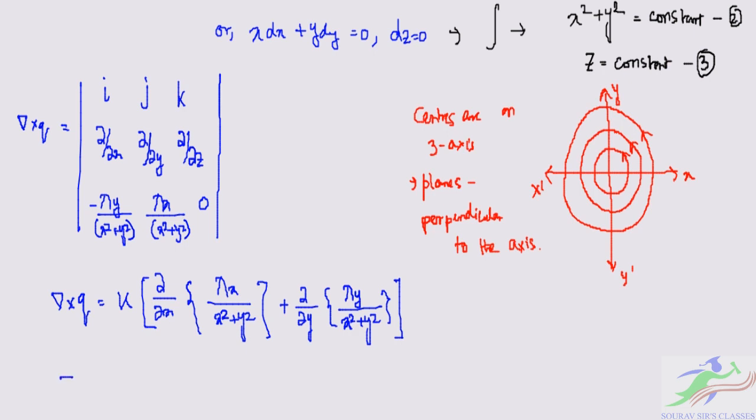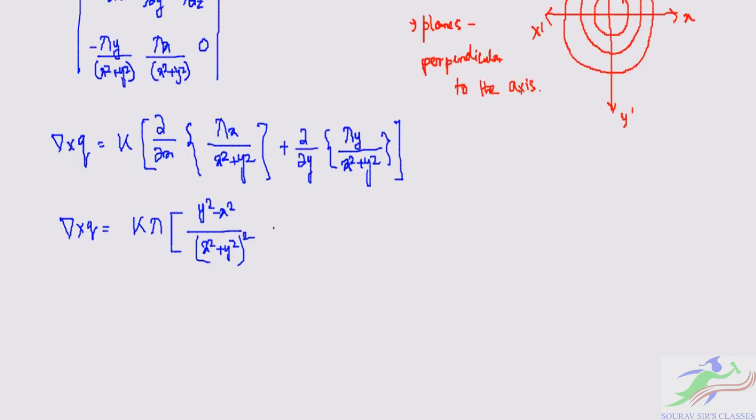Similarly, if we solve this, grad cross q is k times lambda times y square minus x square by (x square plus y square) whole square, plus x square minus y square by (x square plus y square) whole square, which is nothing but 0. Thus the flow is of potential kind, so we can determine the velocity potential.